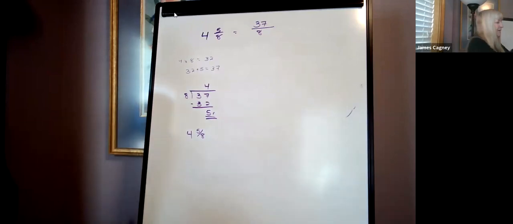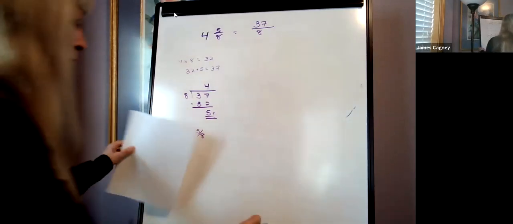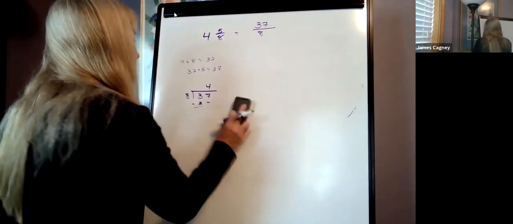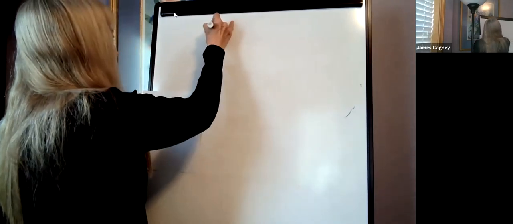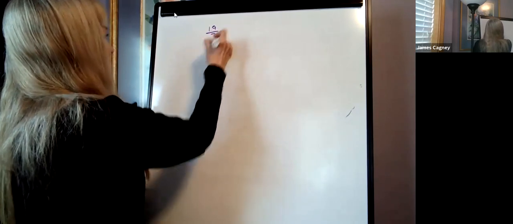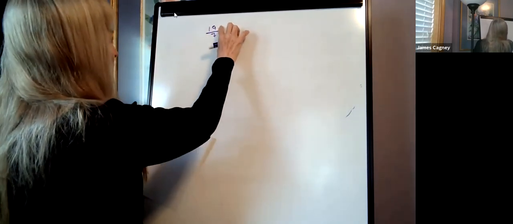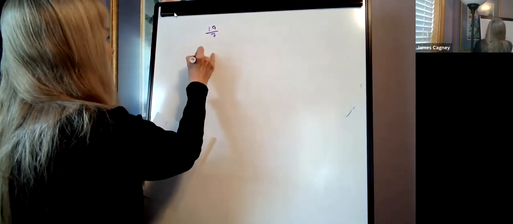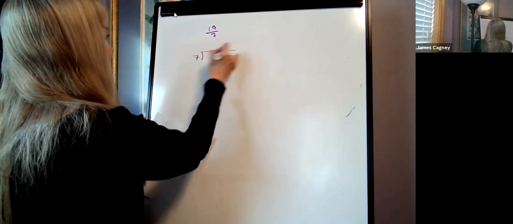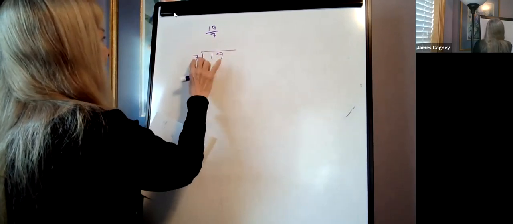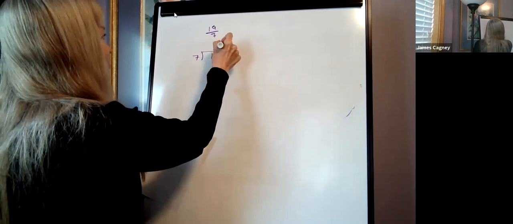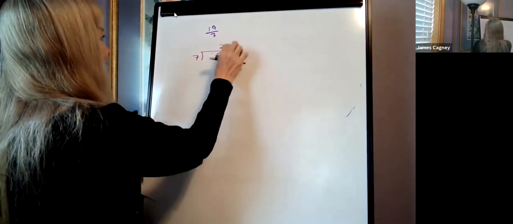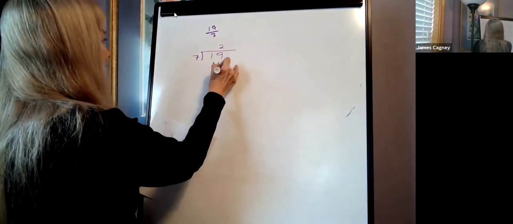Okay, so when I look at this one, I want to write 19 over 7 as a mixed number. Again, I'm dividing the numerator by the denominator. So for long division, this is 7 goes into 19. 7 goes into 19 2 times. 7 times 2 is 14.